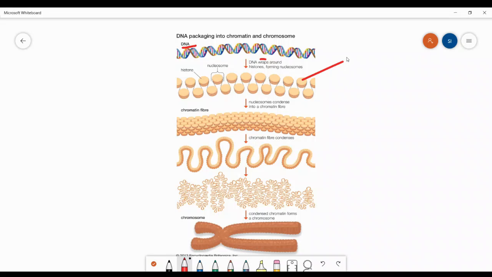These are histones, proteins, which are like knobs. And the DNA chain is wrapped around these histones. You can see here how it is wrapped.